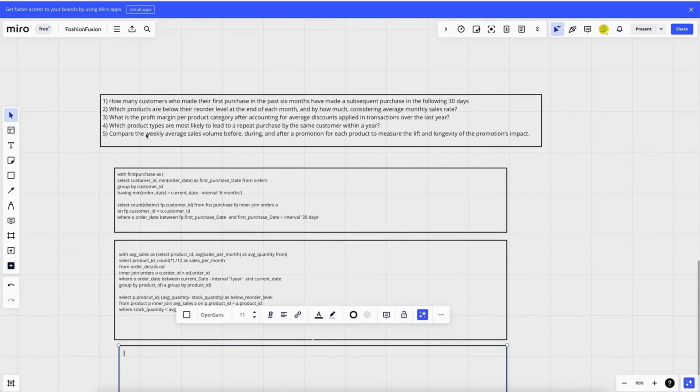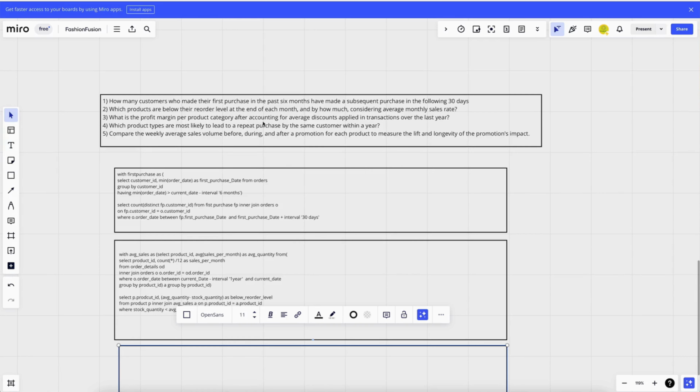And the third question is, what is the profit margin per product per product category after accounting for average discounts applied in transactions over last year? So we have to calculate the total profit for each product category and then subtract that one with the discount applied.